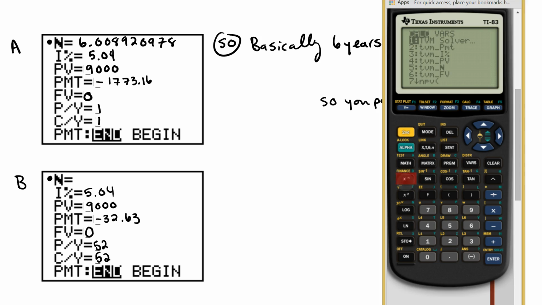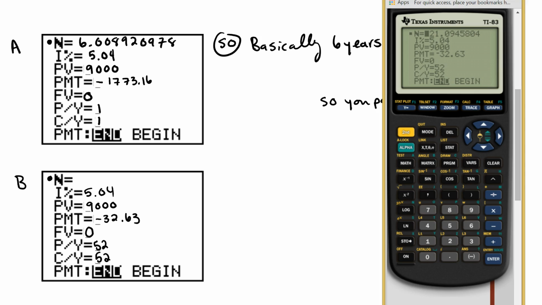I'm going to get back into my finance TVM solver. This is the same, this is the same. Payment is going to be different, negative 32.63. This is the same, but this is different. I'm going to go all the way up to here and solve for my n.